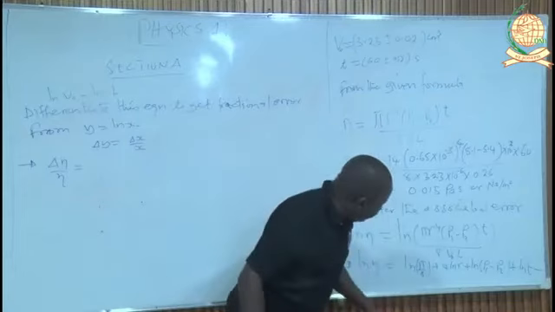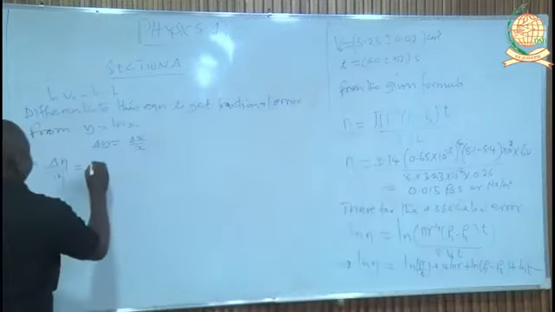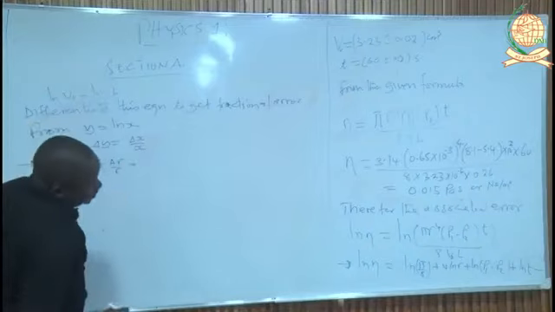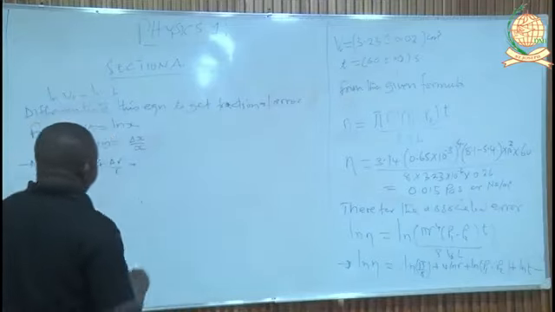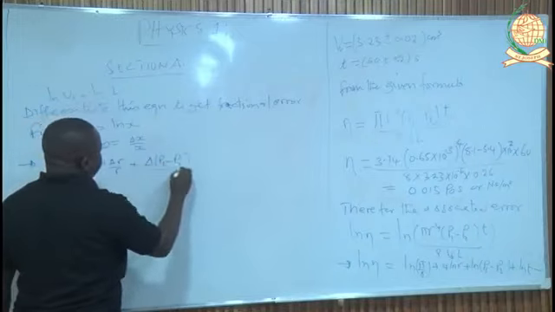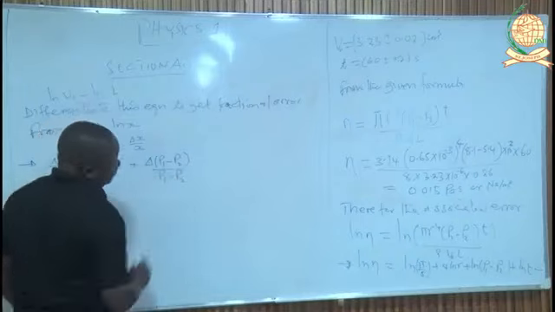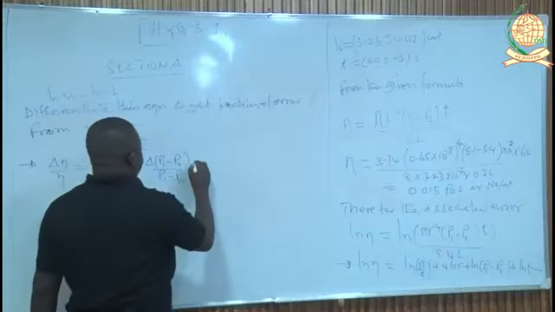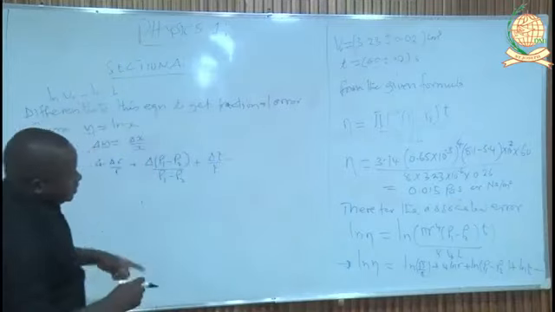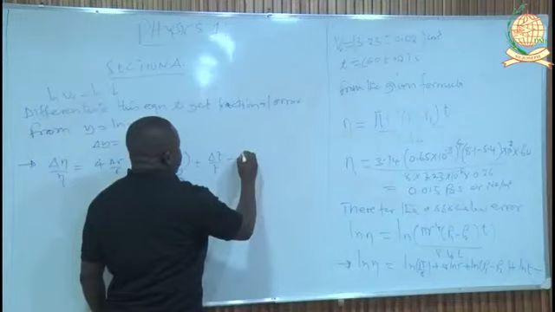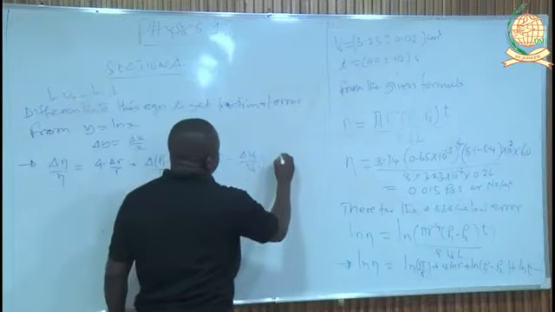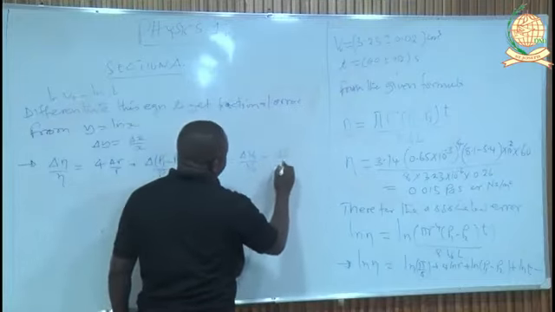So this term vanishes, remaining with the 4 change in R over R, plus the next, which is change in pressure 1 minus pressure 2 over pressure 1 minus pressure 2, and the next is change in T over T, minus the next, change in V naught over V naught, minus the last, which is change in length over length.